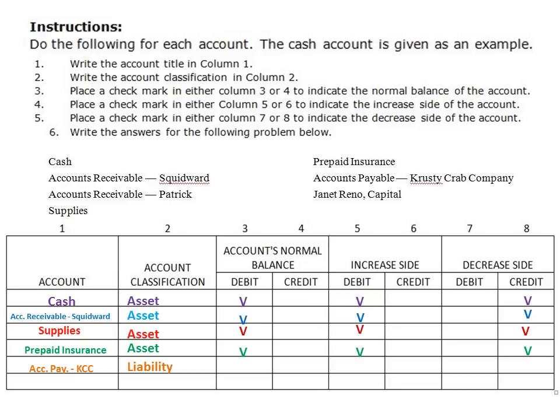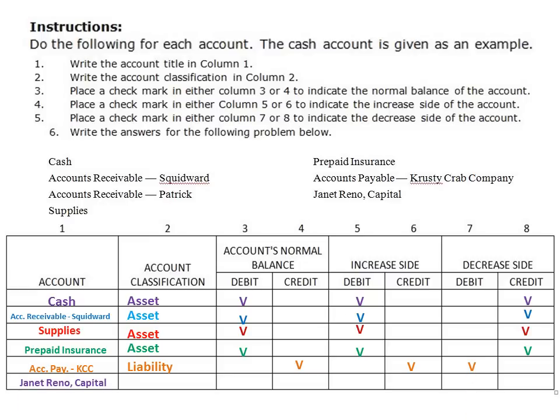If it's on the right-hand side, the account's normal balance will be on the right-hand side of that account, or the credit side. The increase side for accounts payable will be a credit. And when we finally do pay that bill in the future, to decrease the amount of money that we owe someone after we've paid cash, it's going to be a debit.